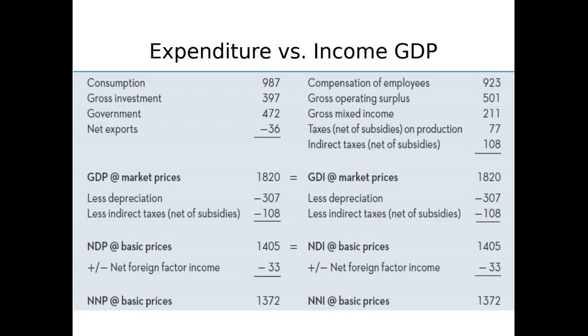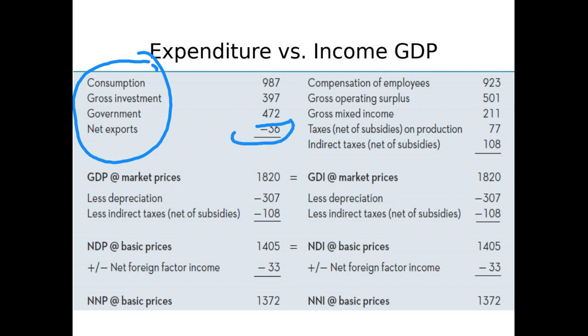So look at this. First, on the left column, I have these four expenditures. Net export is negative. By negative, I mean we are importing more than we export. That is why it's a negative number.